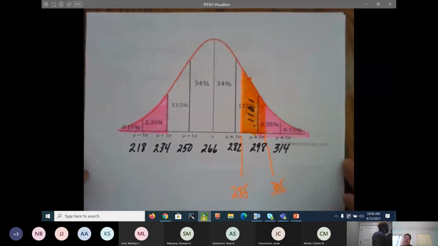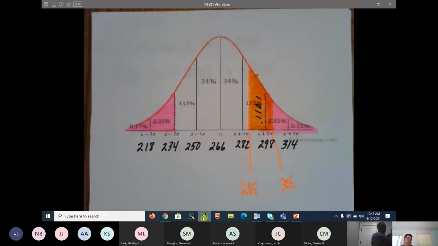So tell me what that means. Somebody put in layman's terms what that orange area means. There's a what percent chance that your pregnancy is going to last between 285 and 305 days? Is it an 11% chance? 11.01% chance.